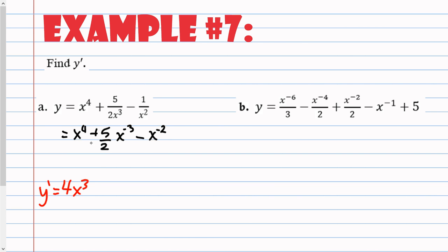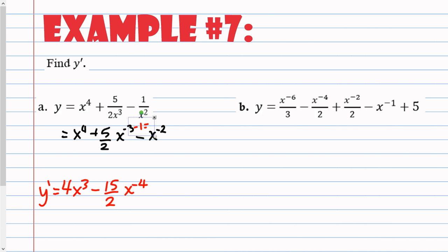Okay, so I'm going to pick up where I left off then. So plus, oh, but let's see, negative 3 times 5 halves gives me a negative 15 halves. And then x, and then I'm supposed to subtract 1. So negative 3 minus 1 is negative 4.